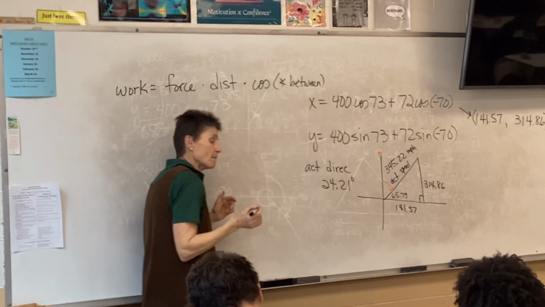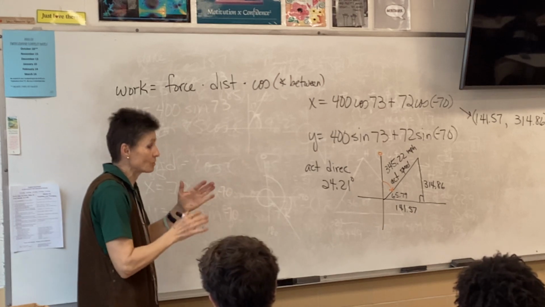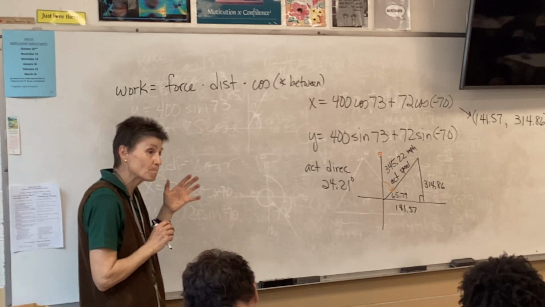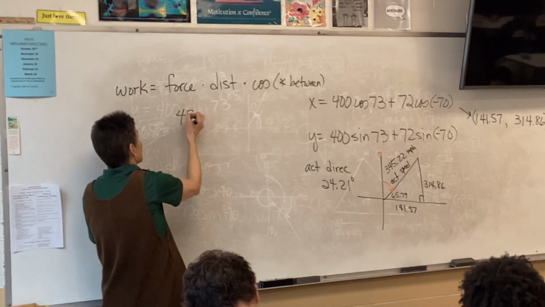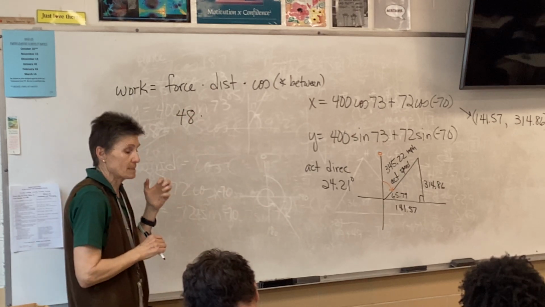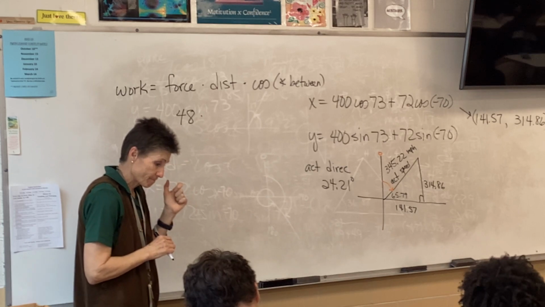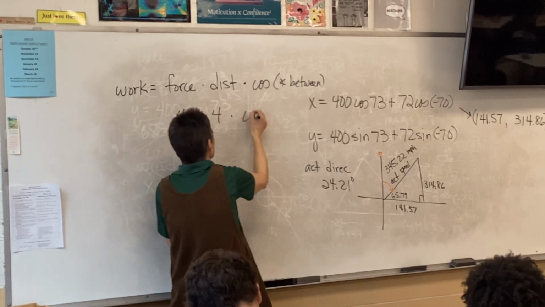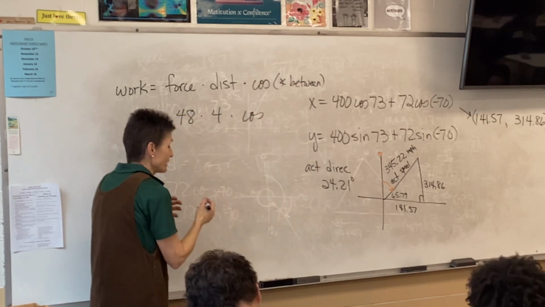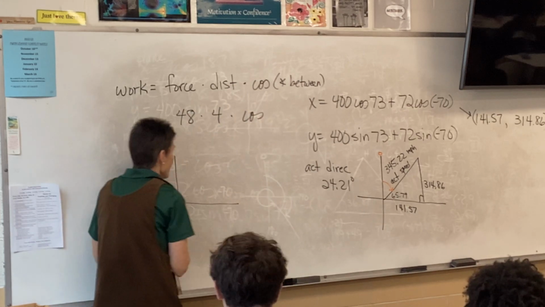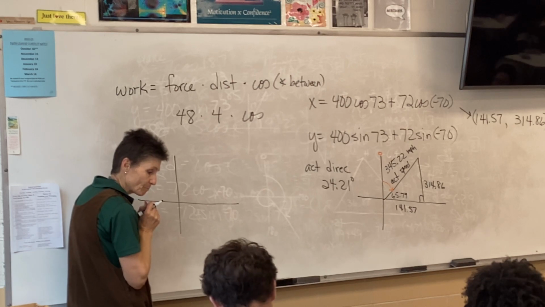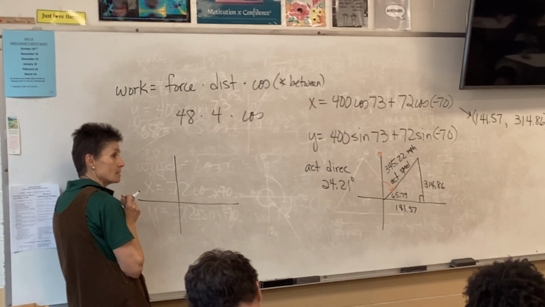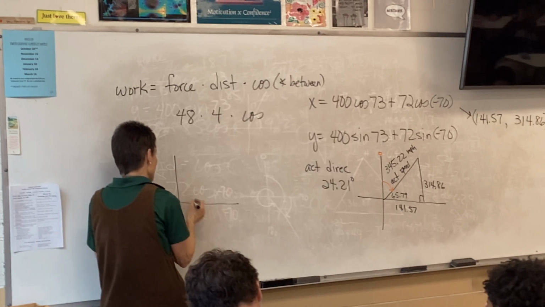So I want you to think about what's happening in this problem. First of all, do I know the force? Do I know the magnitude of the force? 48 pounds. Do I know the distance? 4. The only thing I don't know is the angle. So I'm going to look at this situation. I've got a force acting in the direction 2, 1. So that means over 2, up 1.